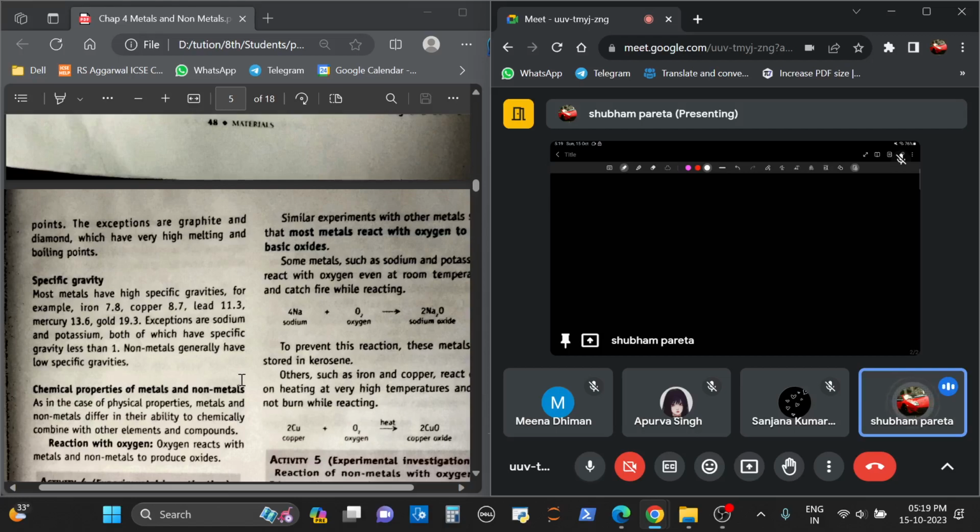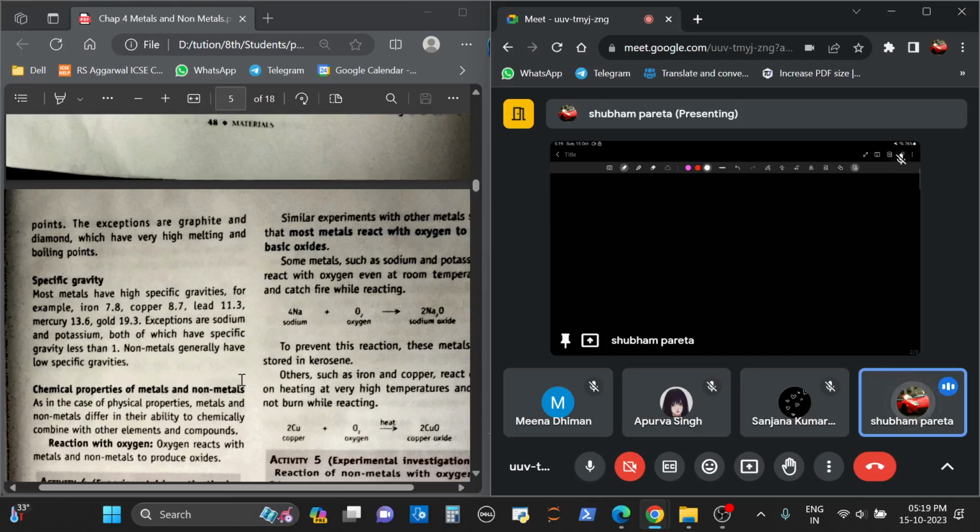That means it has a very high density and a very high specific gravity. But again here, sodium and potassium have low specific densities, very much less than 1. That is the specific gravity part, and these are the topics we hadn't covered yesterday.